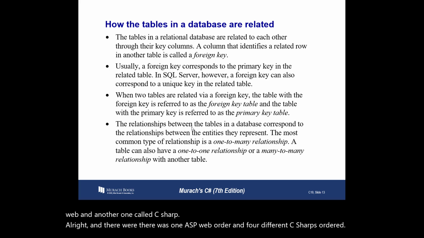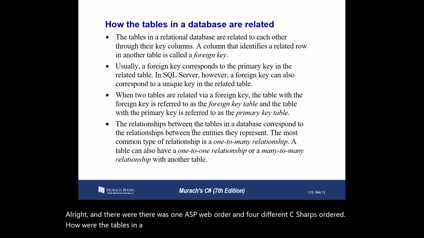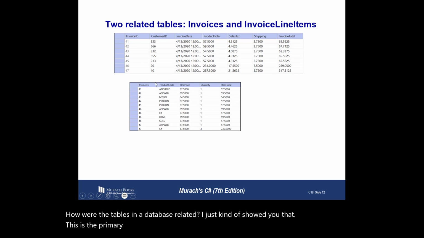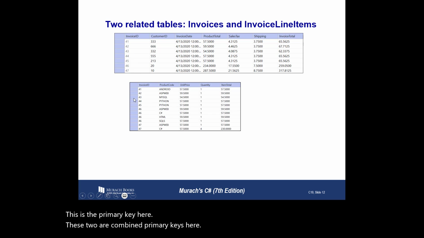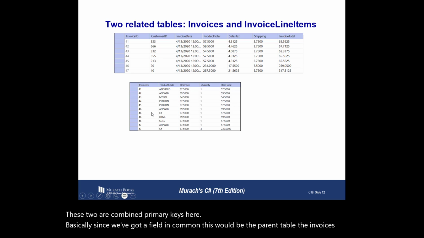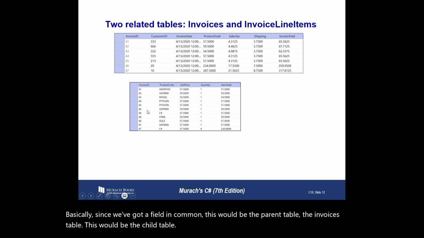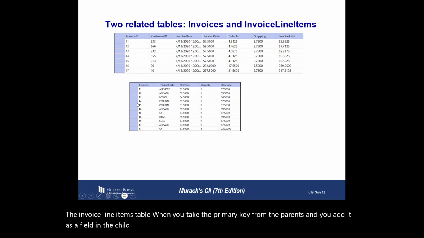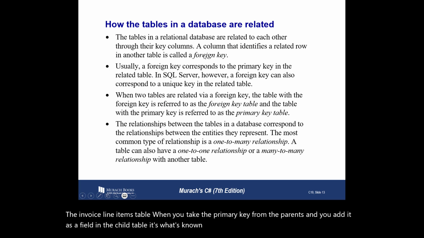How are the tables in a database related? Well, I just kind of showed you that. This is the primary key here. These two are combined primary keys here. Basically, since we've got a field in common, this would be the parent table, the invoices table. This would be the child table, the invoice line items table. When you take the primary key from the parent and add it as a field in the child table, it's what's known as a foreign key.